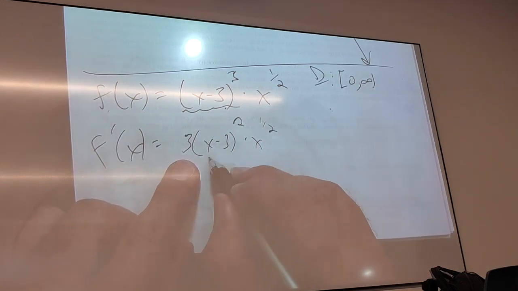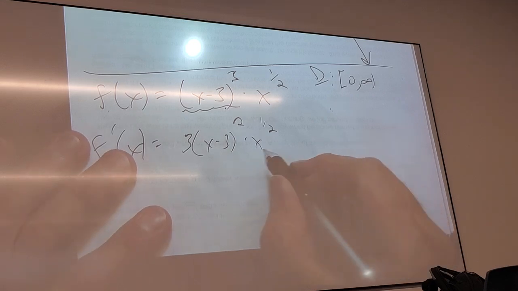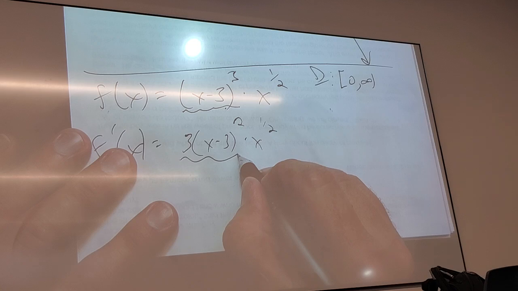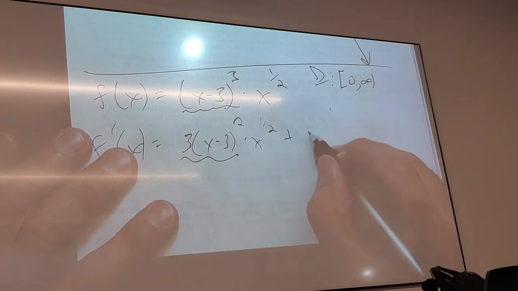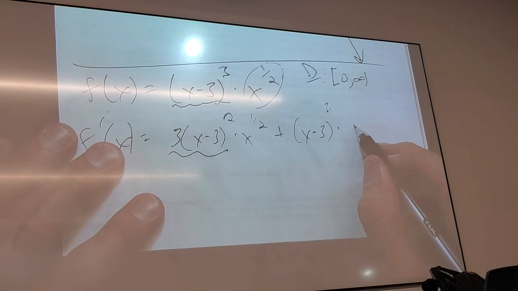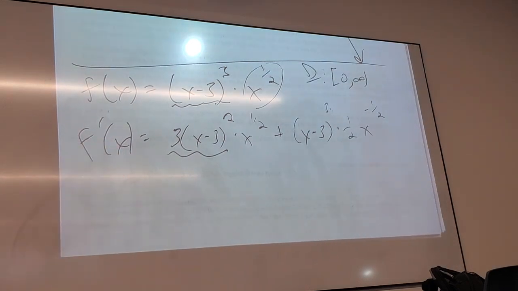Chain rule would just be a 1, is that cool? Whenever the inside function is linear with slope 1, chain rule would just be times 1. So that's the first step of product rule. Plus, how to take care of this piece, of course. 1/2. Negative 1/2. I love it. What do you think I want to do now?